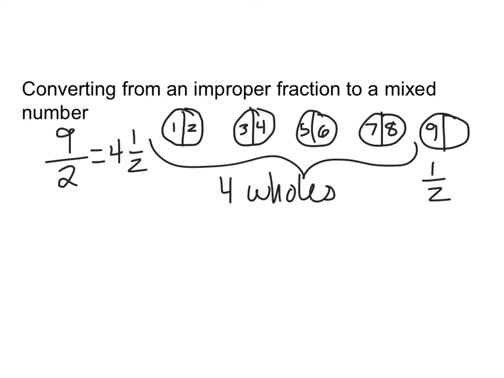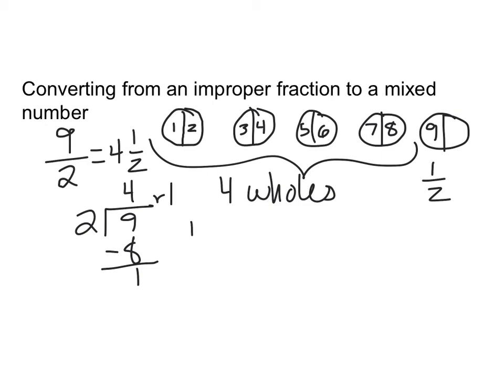Once again, we don't usually want to draw this out, so let's think about what happened here. First, we saw how many times 2 went into 9. 2 went into 9 4 times, and 4 times 2 is 8. You subtract 8, you get 1 left over. So it was 4, remainder 1.